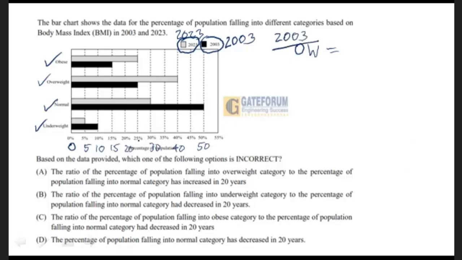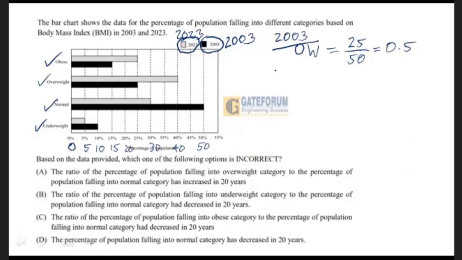That is 25 to the percentage in the normal category, which is 50. So 25 is to 50, that is the ratio, which is half, that is 0.5.